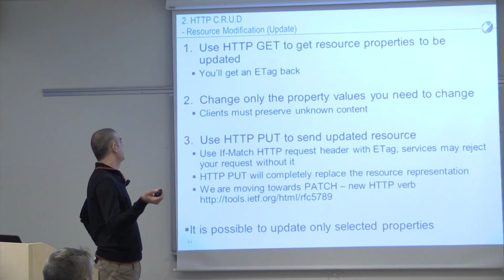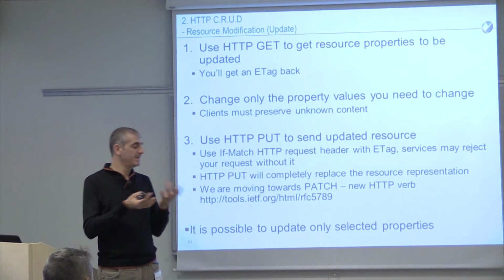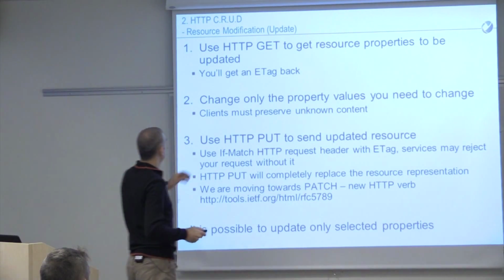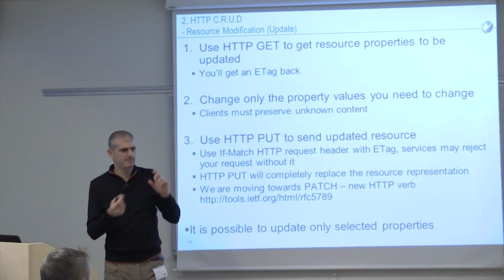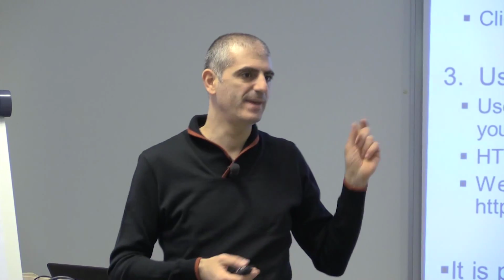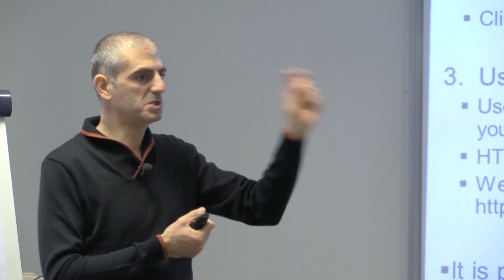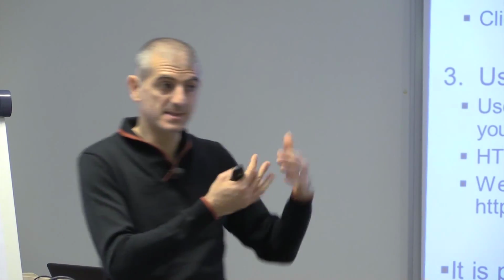Okay, update, pretty much the same. In this case, you have a URI and you want to make a change to it. So the steps are that you do a GET on the URI, so you have a representation of it. You modify it, you change the title or whatever, and then you do a PUT of that representation. And in the header, there is this ETag. I don't know if it's part of the header, but when you do a GET, you know in which state you've received it, without maintaining a state.